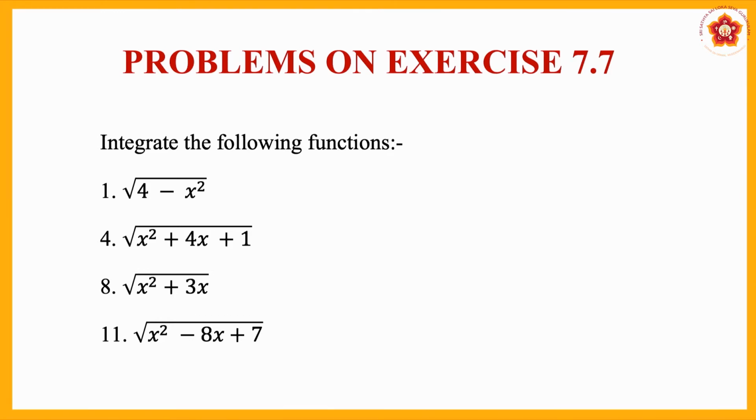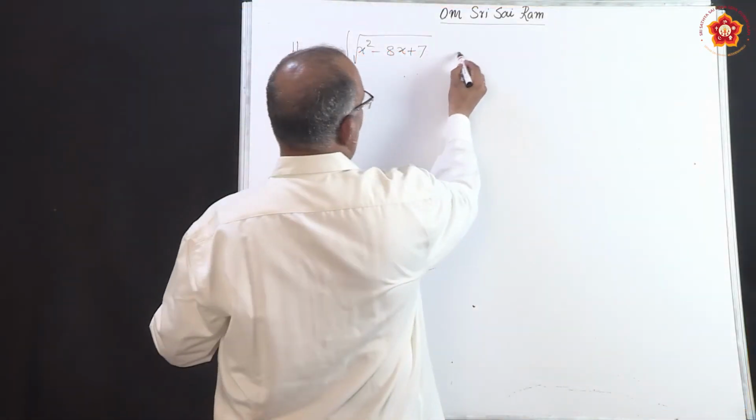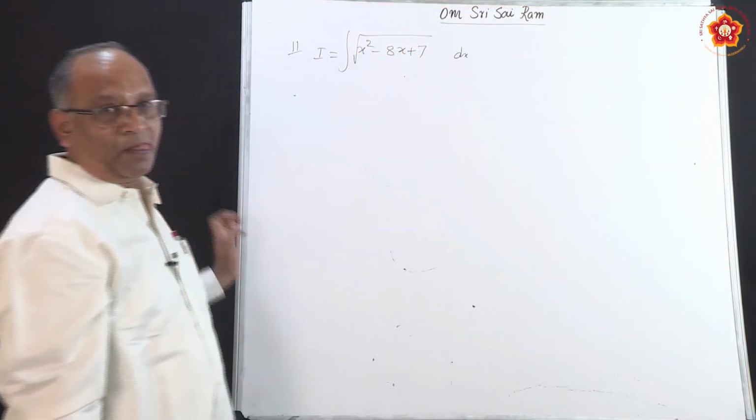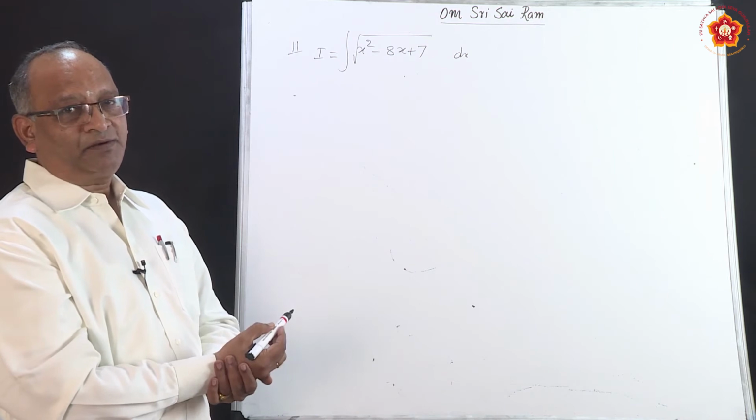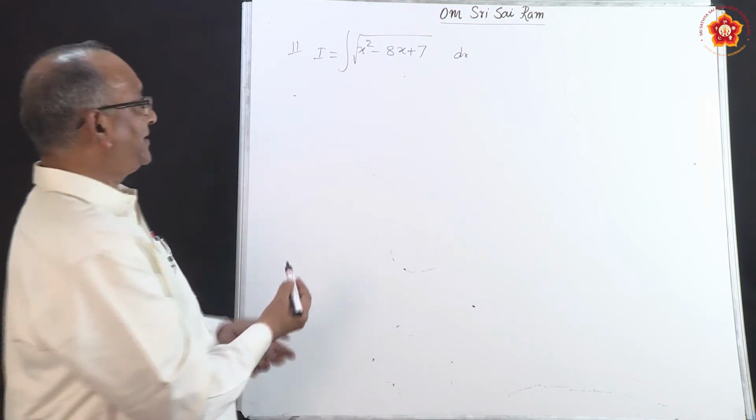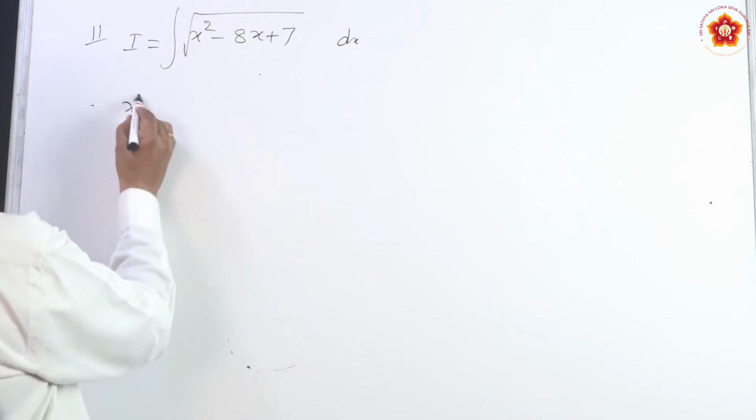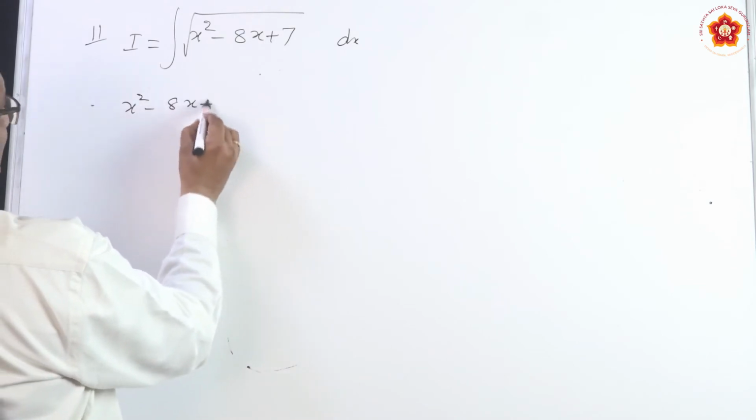x square minus 8x plus 7. How to solve? Once again, take the trinomial x square minus 8x plus 7.